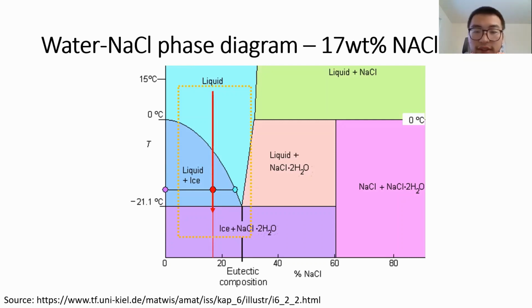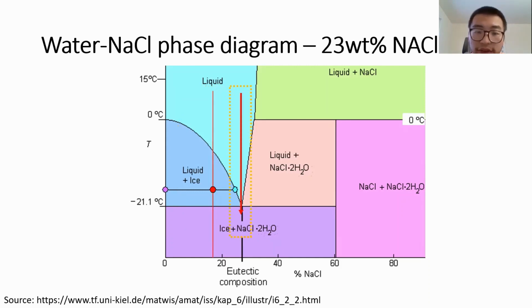The ice consisting of pure water will start to form while the remaining salt solution gets more concentrated. At -21 degrees Celsius, your entire sample will be ice with the last droplet of salt solution solidified. This point at -21 degrees Celsius is also known as the eutectic point at 23 weight% sodium chloride solution.